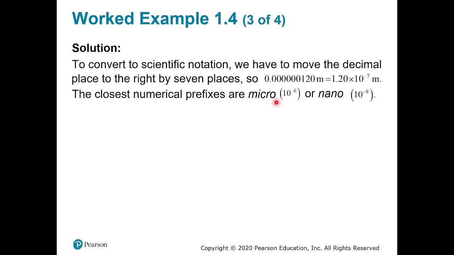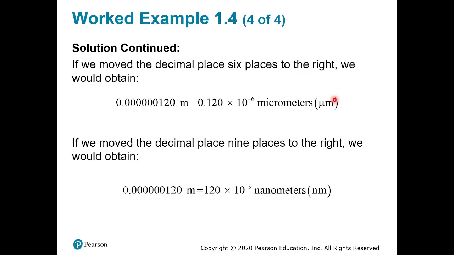You can list them all in one table, okay? And so, for example, micro would be 10 to the negative 6. Nano is a 10 to the negative 9 number, right? And so what we'll see here is it would be 0.120 micrometers. This is just the definition of micrometers.